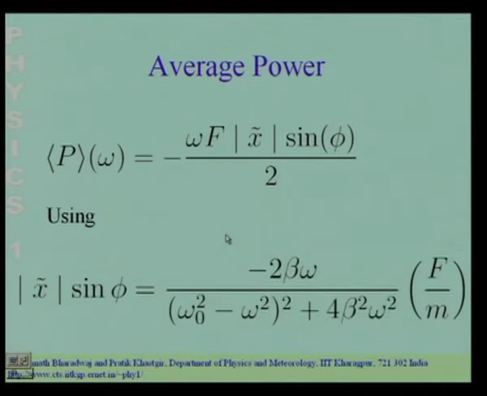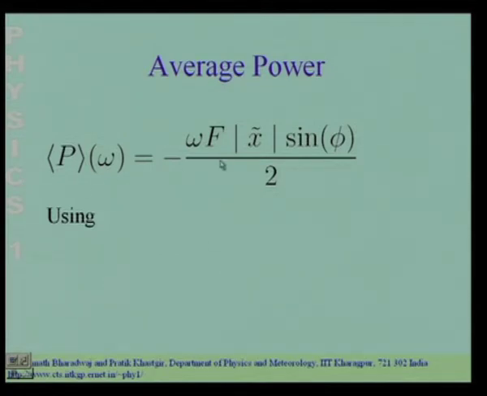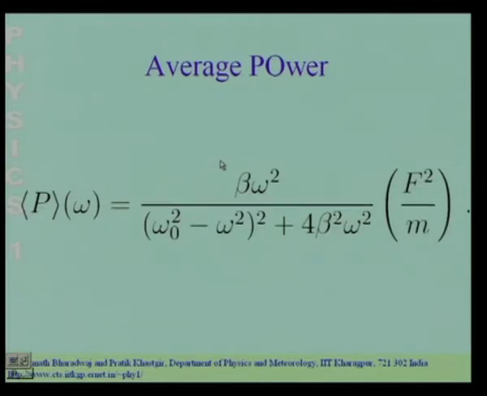So, using this, and here we have also put in the fact that small f is the amplitude of the force divided by the mass. So, putting this in the expression for the average power, we have the average power as a function of the angular frequency of the driving force. So, the average power that is transmitted to the oscillator as a function of the frequency of the driving force is given by this expression over here.